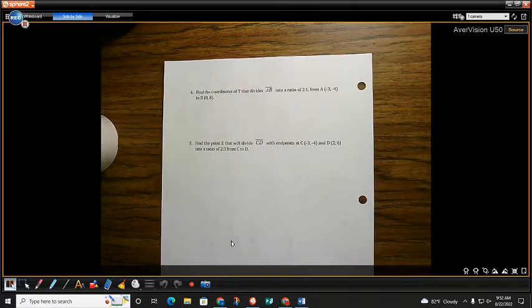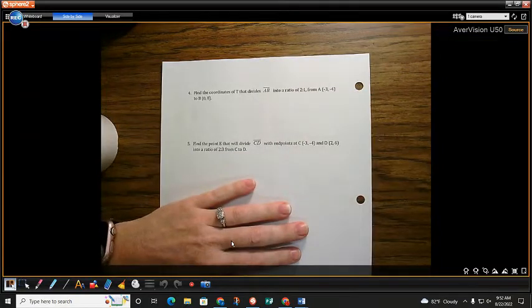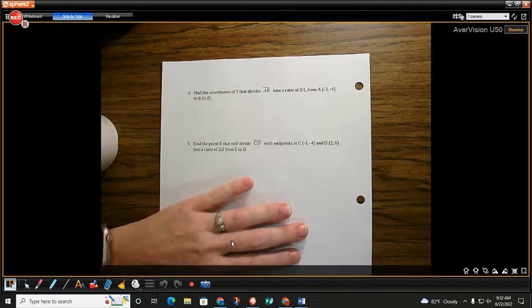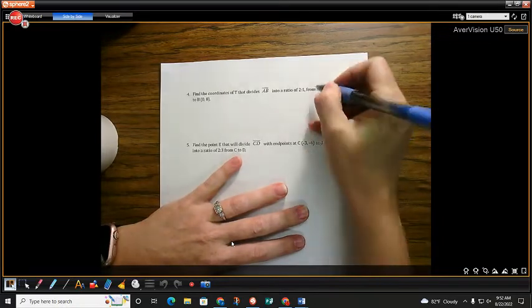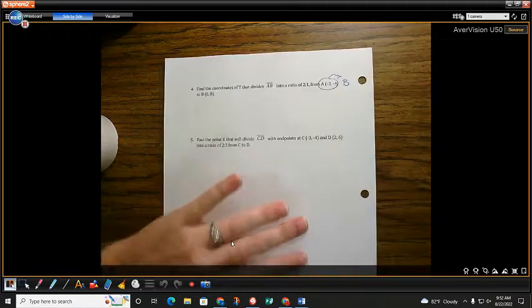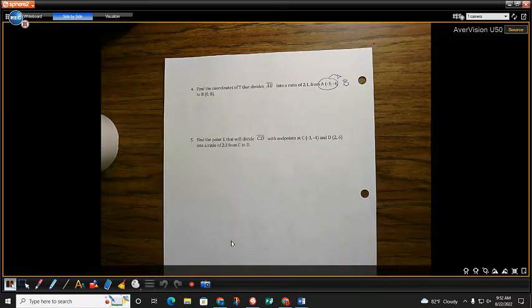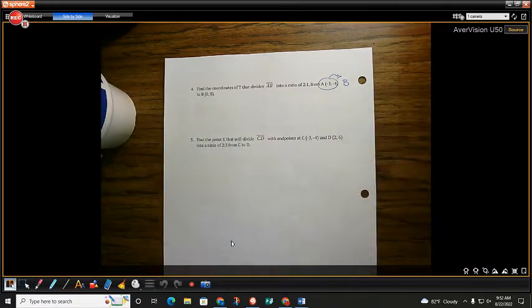So for this guy, I'm going in a ratio of 2 to 1. What fraction do you think I'm going across when I go from A to B? What's my fraction going to be? Okay, let's see. Caleb? 2/3?